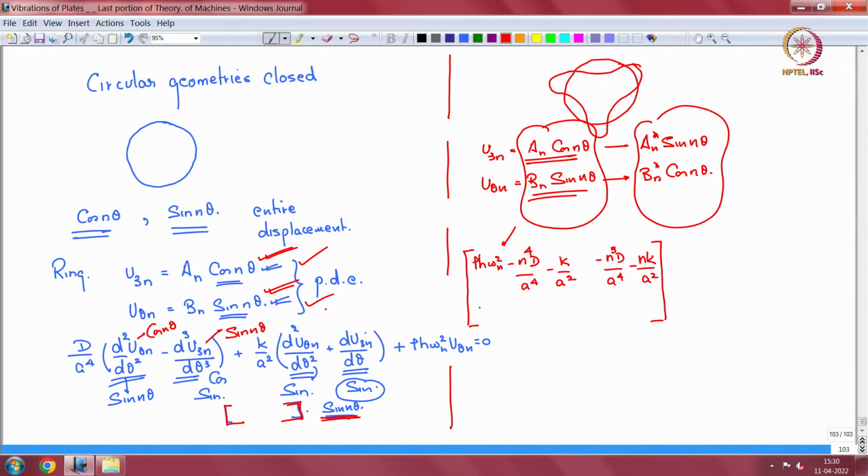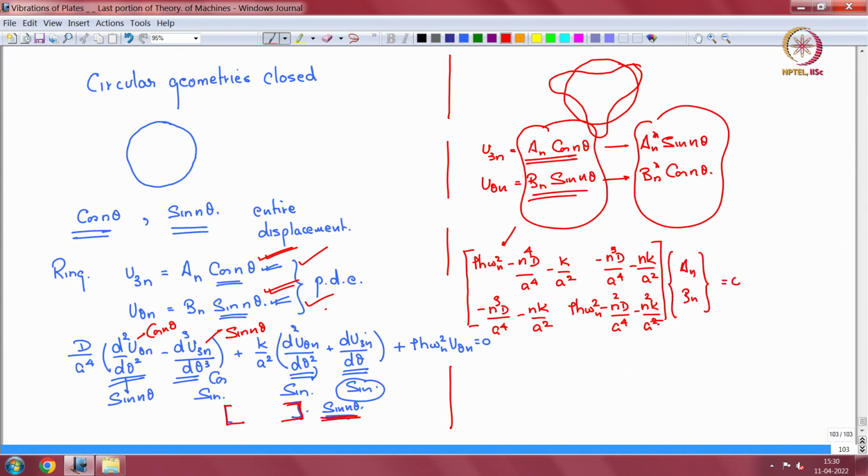Here we get minus n cube d by a fourth minus n k by a square, and here rho h omega n square minus n square d by a fourth minus n square k by a square, into a n and b n.